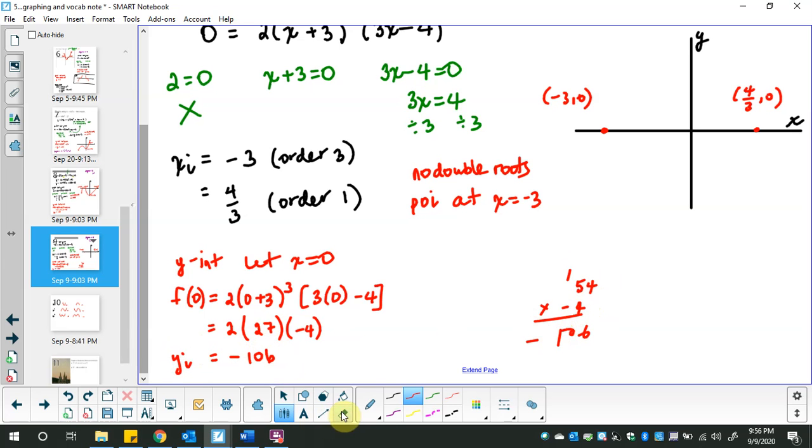And really, I went to way too much trouble for that. I am going to get a mark for finding -106 correctly, but I really, for the purposes of sketching, only need to know if it's above or below the x-axis. The -106 lets me label it accurately when I'm sketching inaccurately.